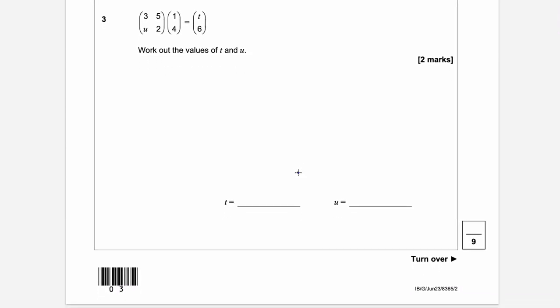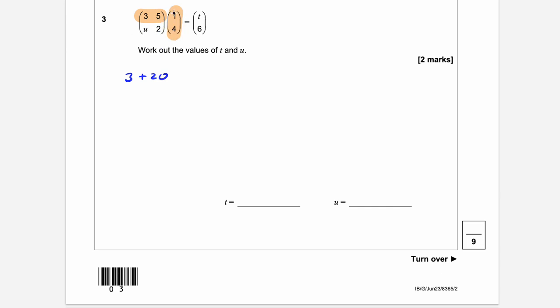Question 3. Work out the value of t and u. Okay, so we're going to multiply out the matrices. We do row times column. So 3 times 1 is 3, plus 5 times 4 is 20. That's the top. This is only going to be a 2 by 1 matrix. So then we do this times this.